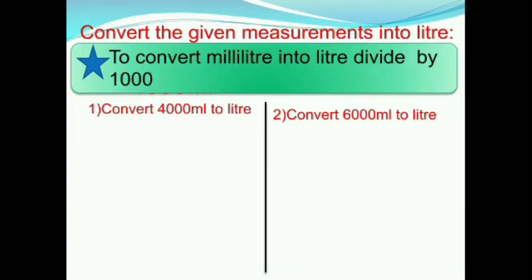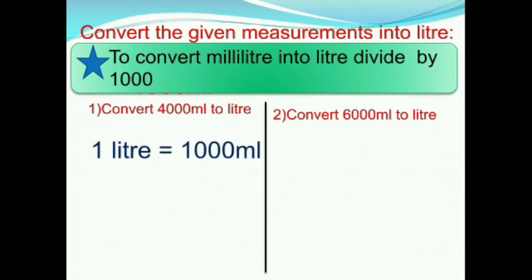Now we should convert the given measurements into liter. Children, to convert milliliter into liter, divide by 1000. The first question is, convert 4000 ml to liter. Remember children, 1 liter is equals to how many ml?